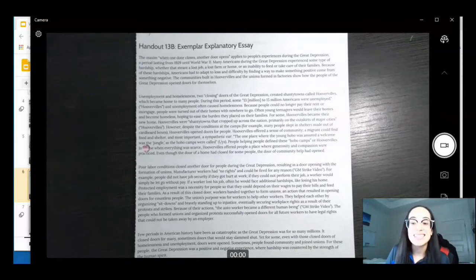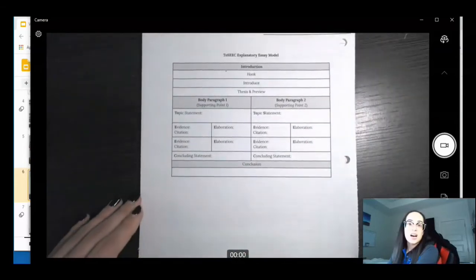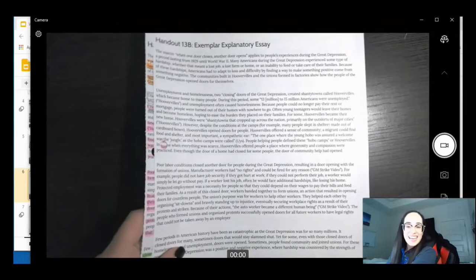Ultimately, this page is going to help us become better writers because I am going to be explaining the very important components of the explanatory essay model, okay? What should your essays look like in the future? So that's what we're going to be going over today. Let's go ahead and jump right in and get started.